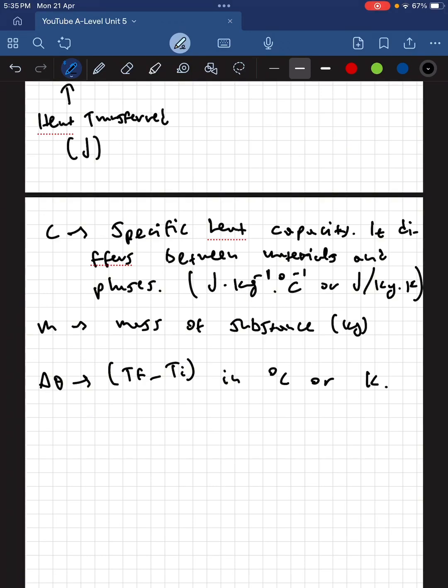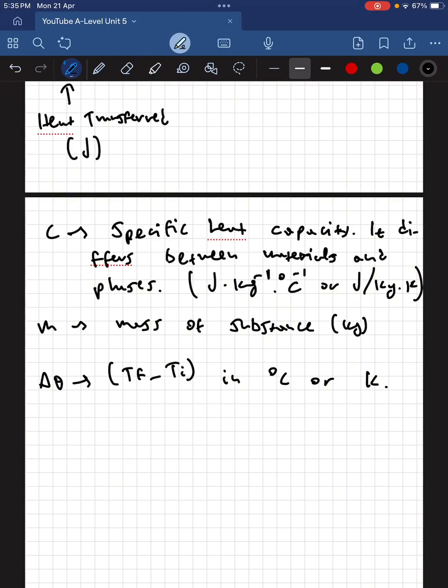I know I told you to use kelvins, but in this case, because we subtract a temperature from a temperature, we can use Celsius safely. The same change of temperature in Celsius is the same as the temperature change in Kelvin, because that 273 is subtracted. But to be safe, it's better to use kelvins.